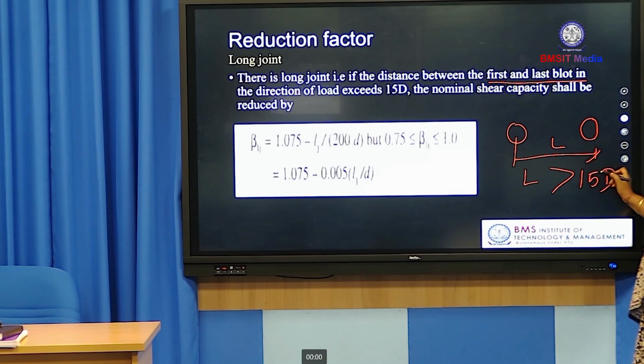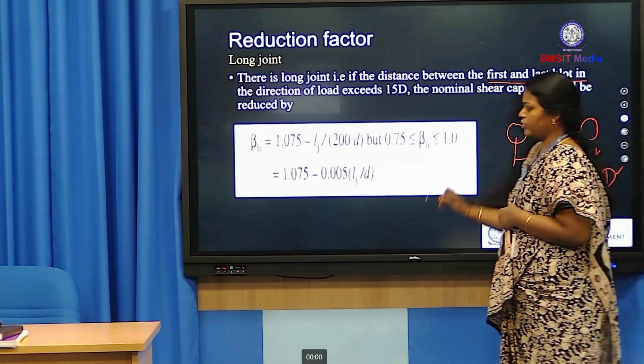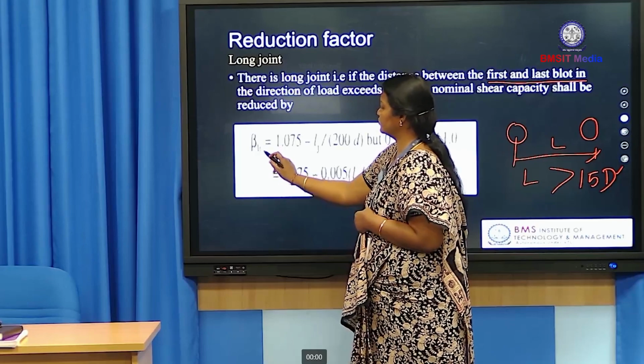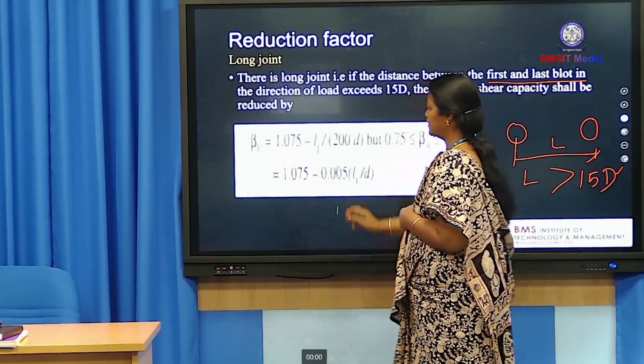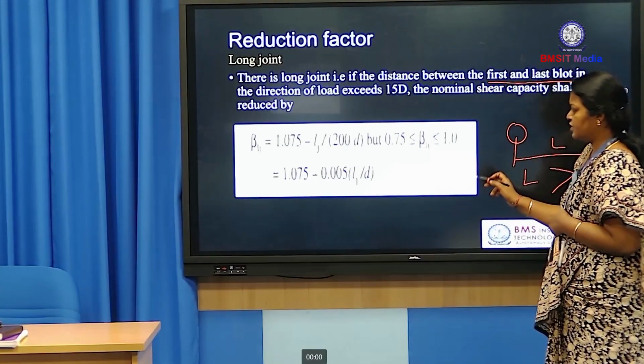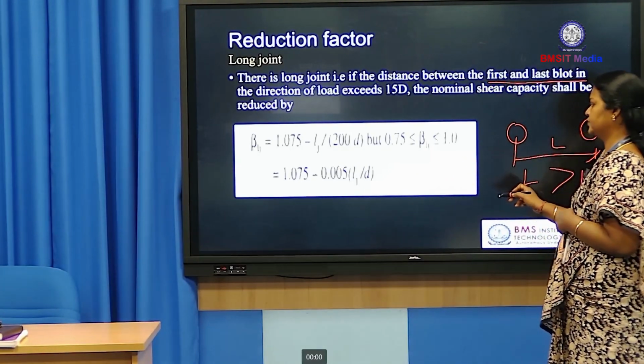If L is greater than 15 times the diameter of the bolt, where D means nominal diameter of the bolt, we have to introduce one factor, that is beta Lj, for long joint. This factor is 1.075 minus Lj divided by 200D.